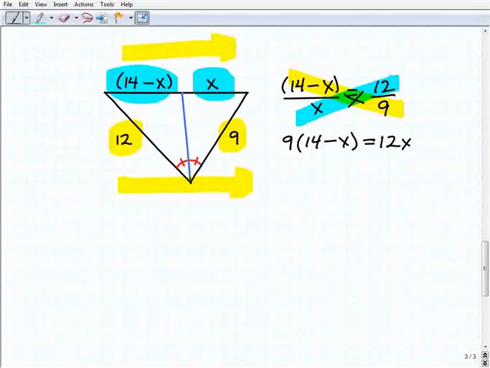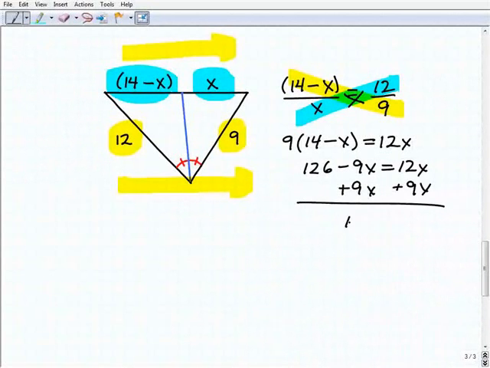So 9 times 14, I'll get mine out so we can work it together, is 126 minus 9x equals 12x. I'm going to add 9x to both sides of the equation, and I get 126 equals 12x plus 9x, which is 21x. So 126 divided by 21 should give us our solution. And lo and behold, we get x is equal to 6.